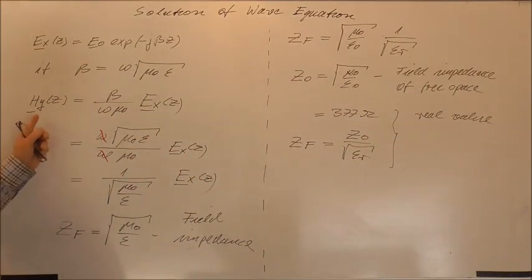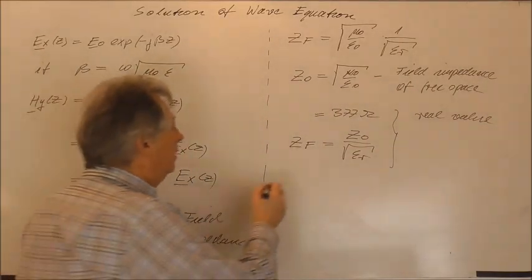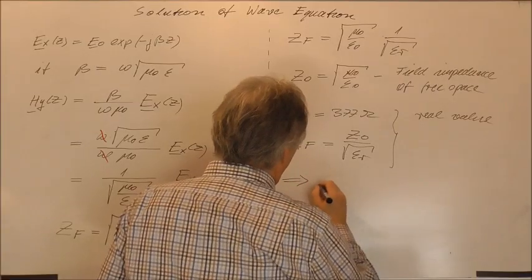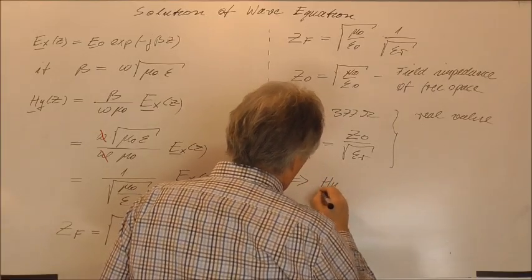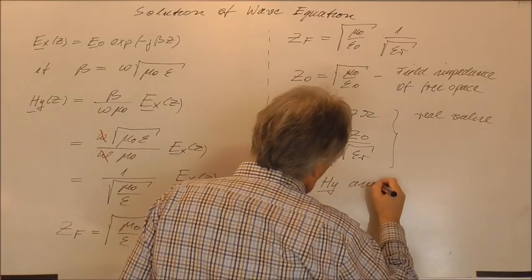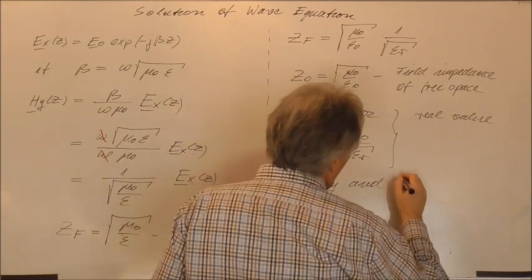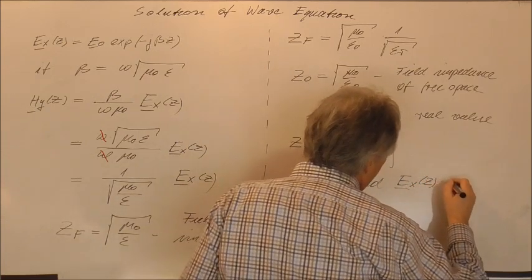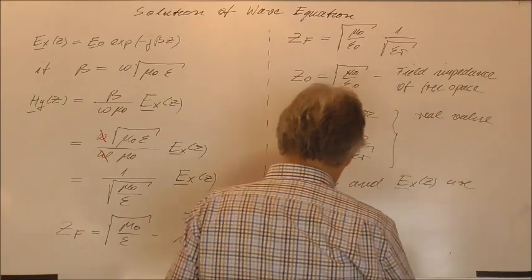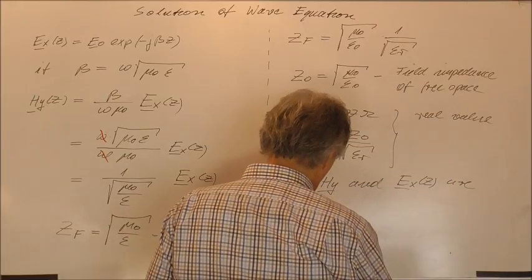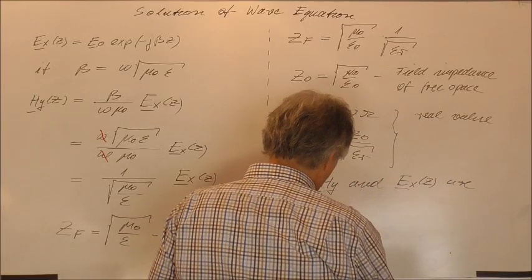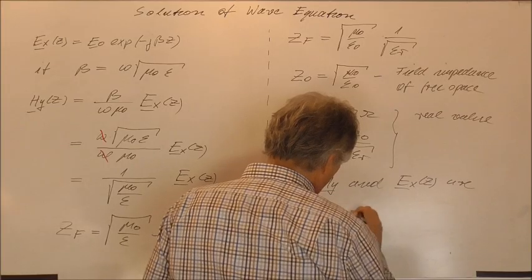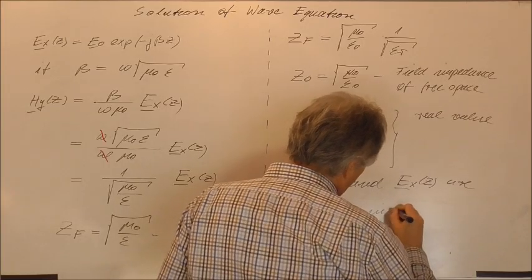From a mathematical point of view, this means the magnetic field H and the electric field E_x at a certain point z in space are always in phase.